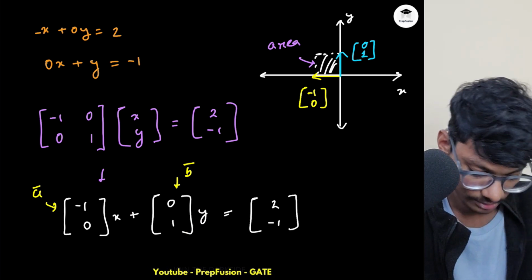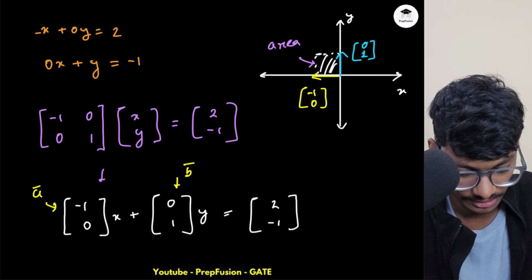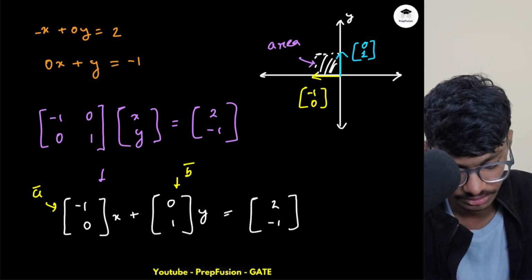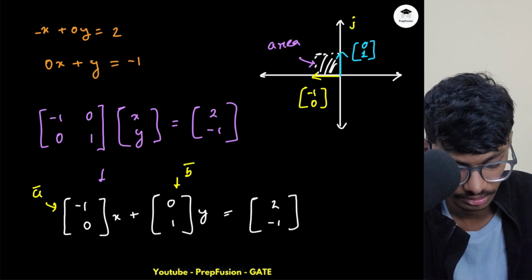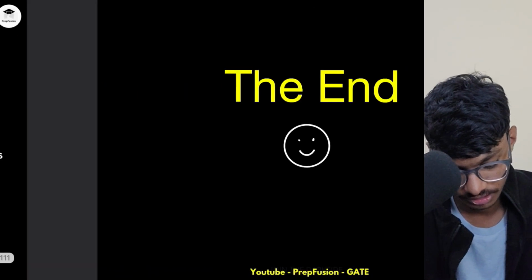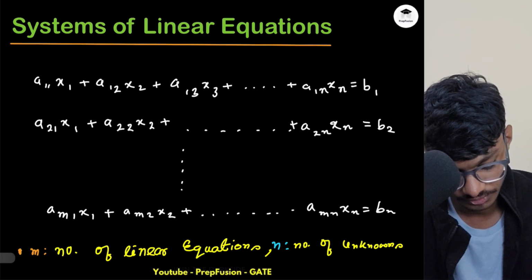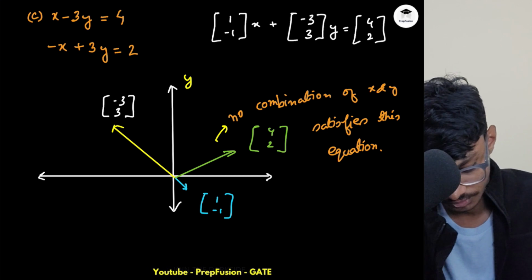I'm representing it in terms of I comma J. I should write I, J here, else you will get confused about what this X and Y is. This is the J direction and this is the I direction. I should replace the previous ones also, else you will get confused.